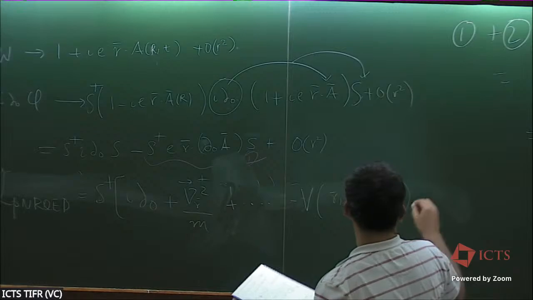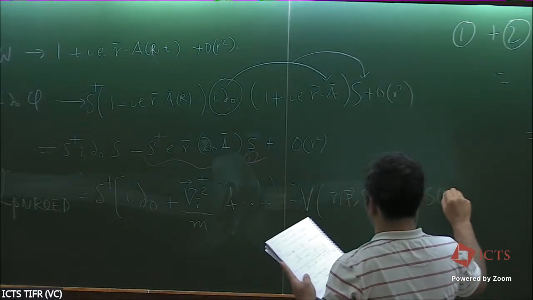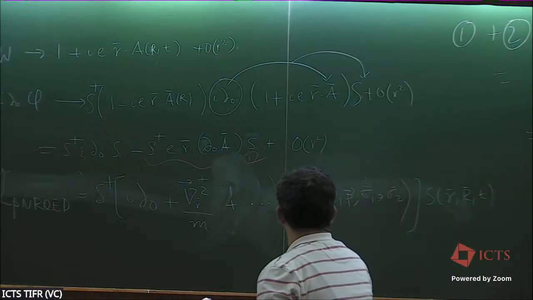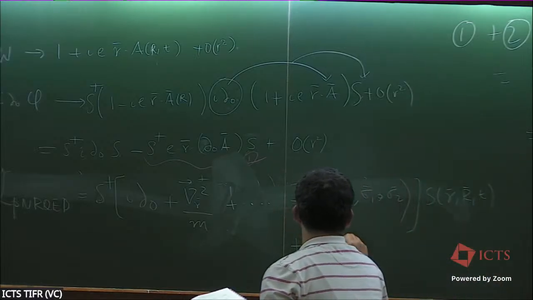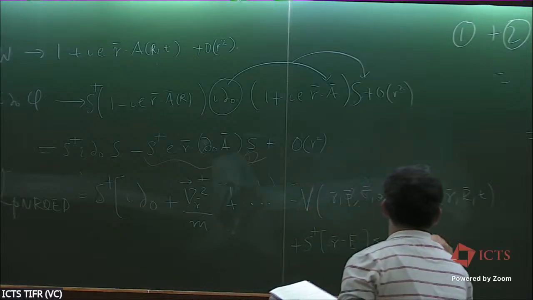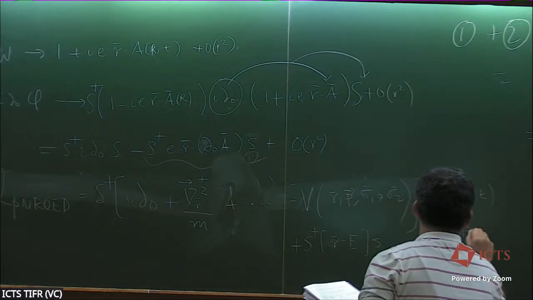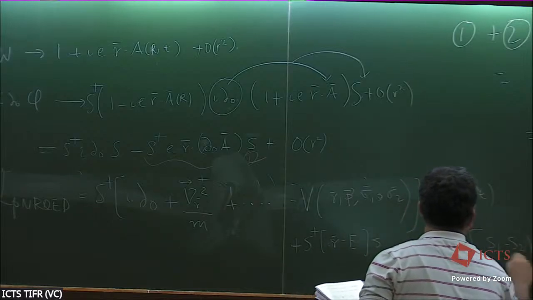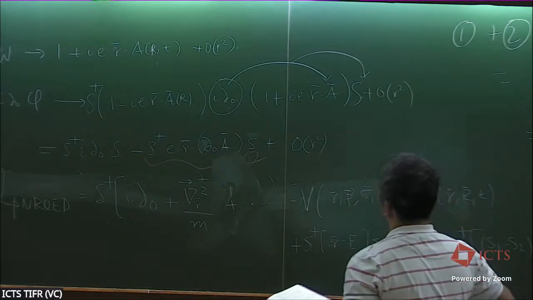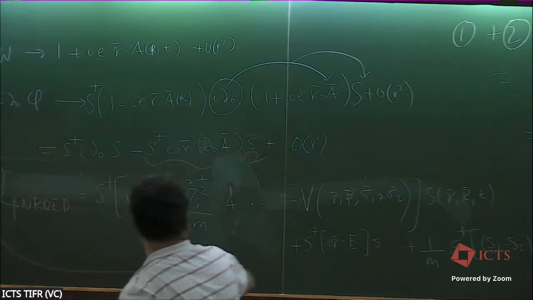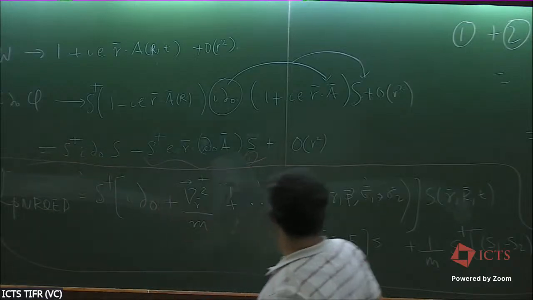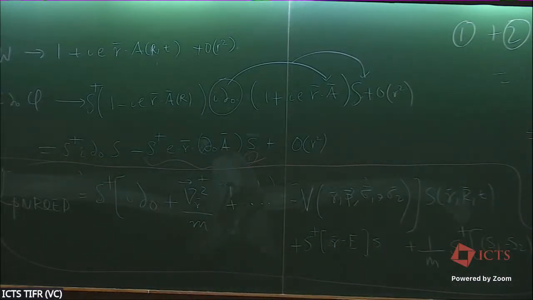I'm just writing a generic form, so details are in a paper that, if anybody is interested, I will let you know. Plus S dagger sigma R dot E S, plus 1 over m S dagger (S1 minus S2) dot B S. So this is my PNRQED Lagrangian, okay?